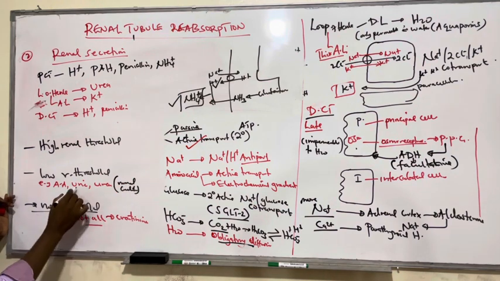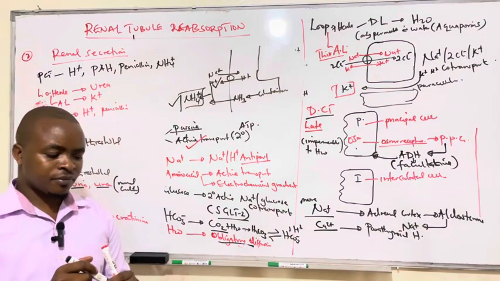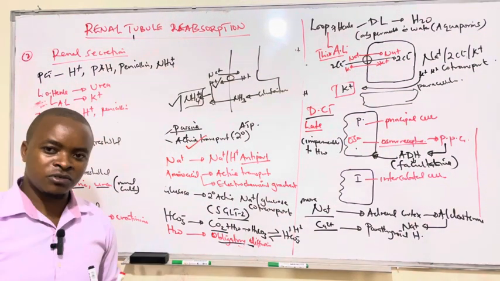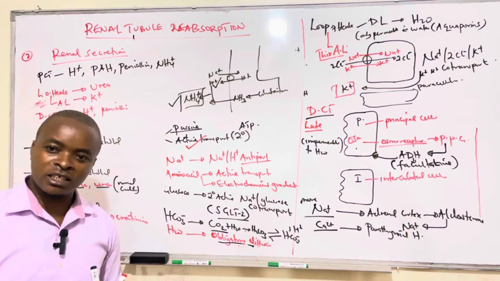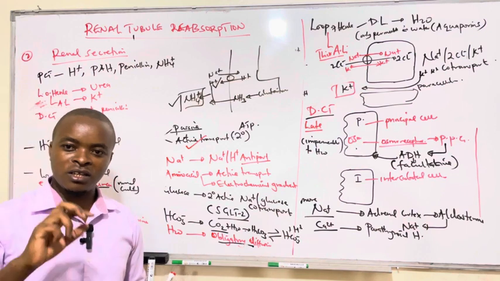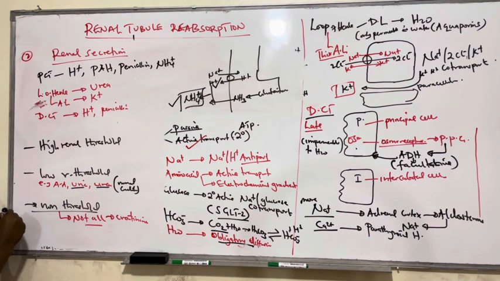Those are low threshold, like uric acid, like urea. So even under normal conditions, they are found in urine, but they are still reabsorbed. They are also excreted and found in urine in normal conditions. Those are what we call low threshold.